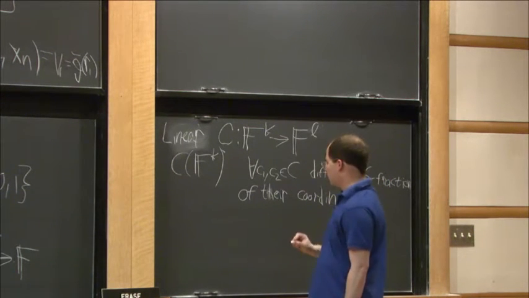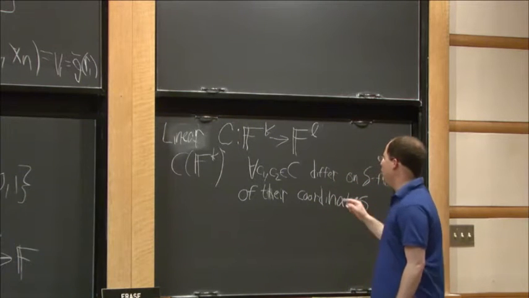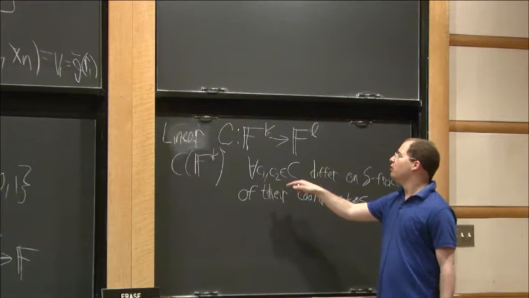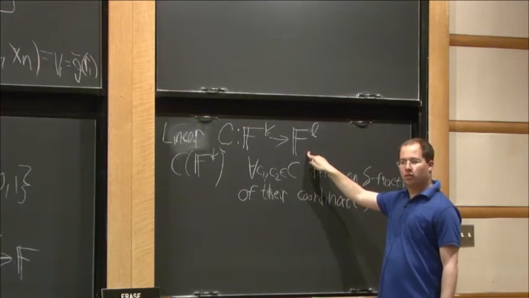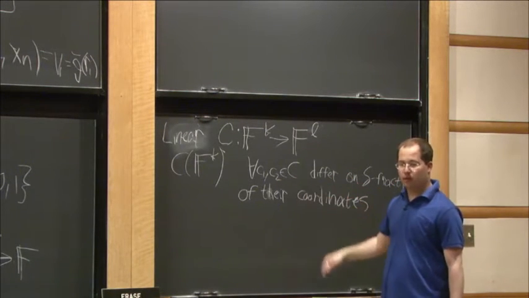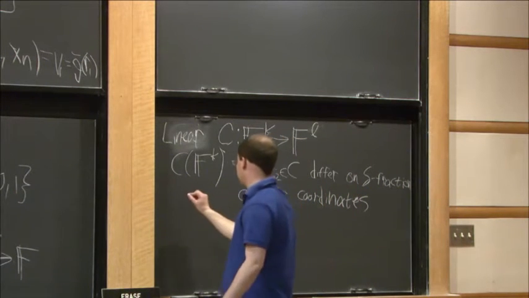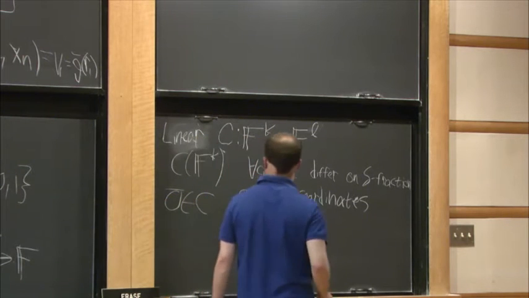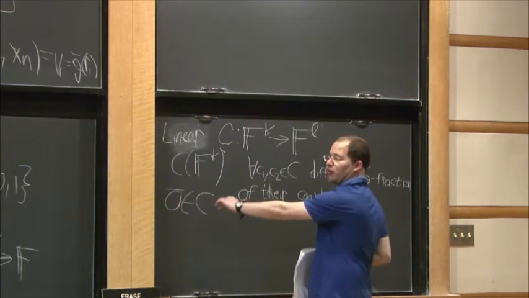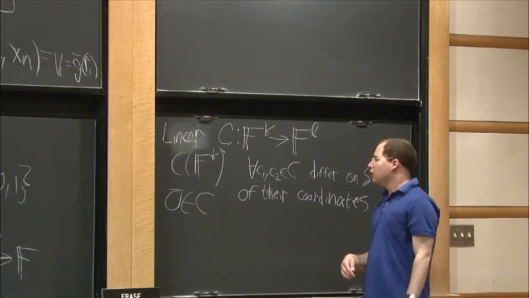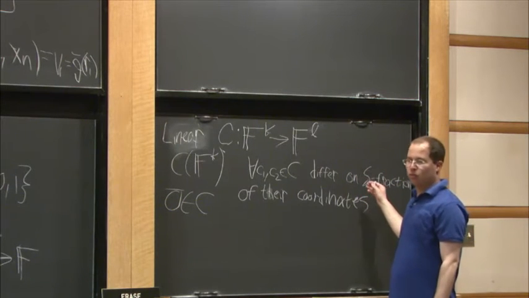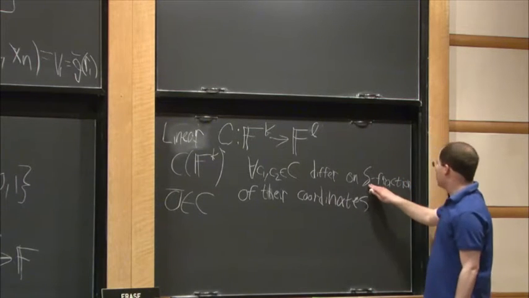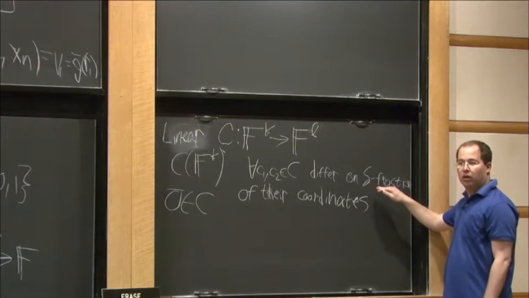Also, we use this notation to denote that some string in f to the l is a code word of C. And also note that the all zeros string is a code word of C. Or actually, the all zeros message is mapped to the all zeros code word. And this means that all the non-zero code words are non-zero on many of their coordinates. Delta would be some large fraction.